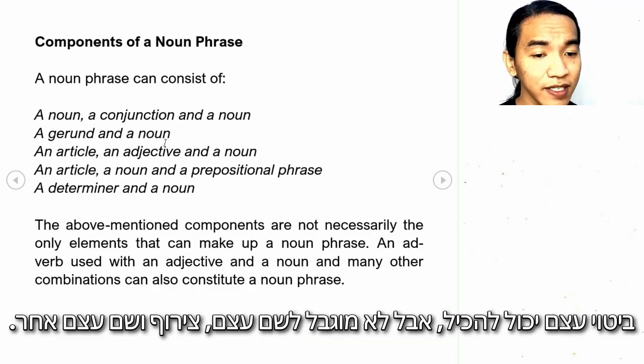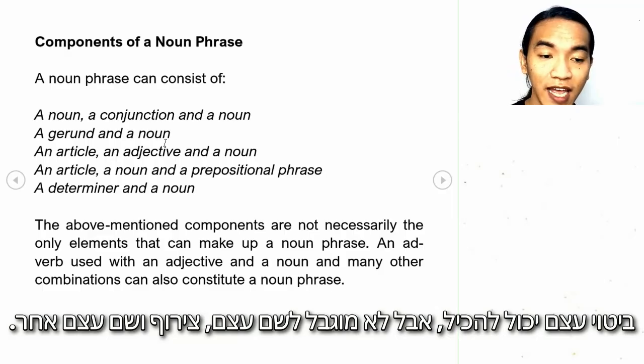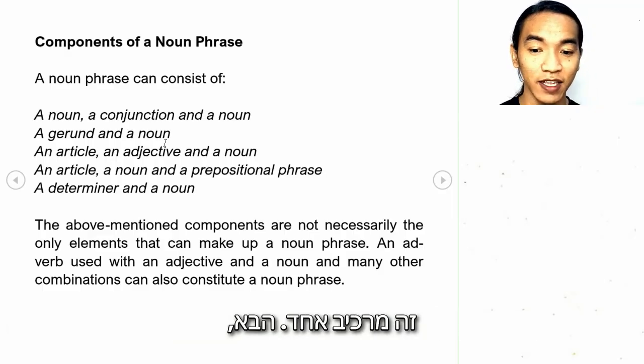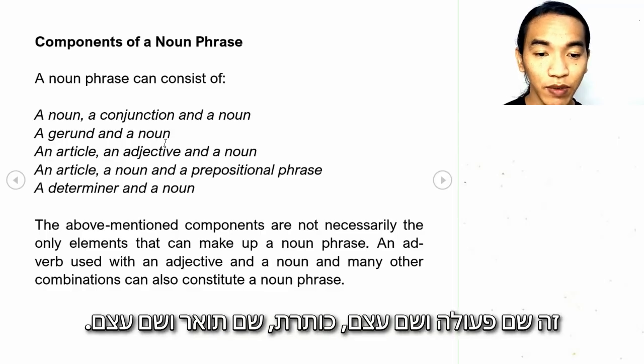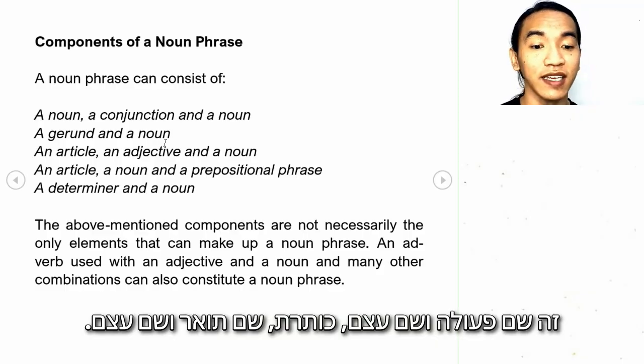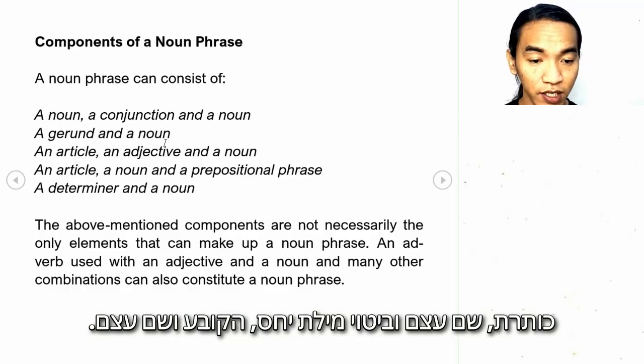A noun phrase can consist of, okay, but not limited to, a noun, a conjunction, and another noun. Okay, that's one component. Next one, it's a gerund and a noun, an article, adjective, and a noun, an article, a noun, and a prepositional phrase, a determiner, and a noun.